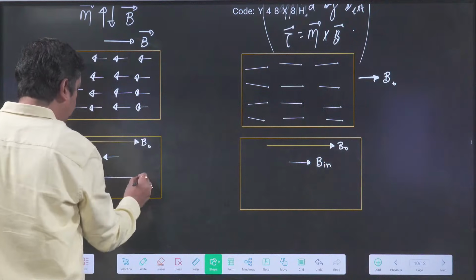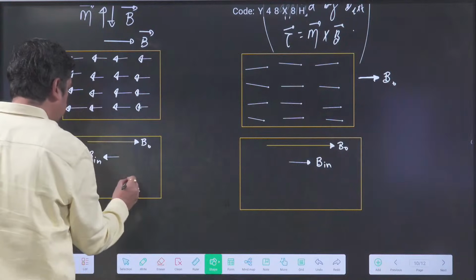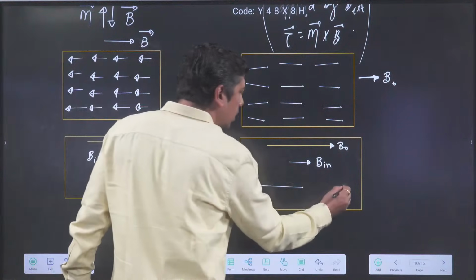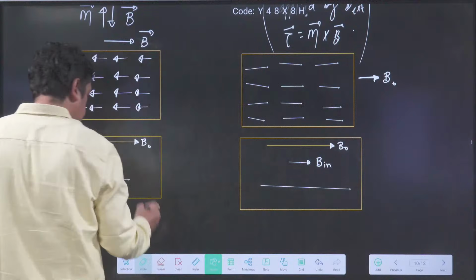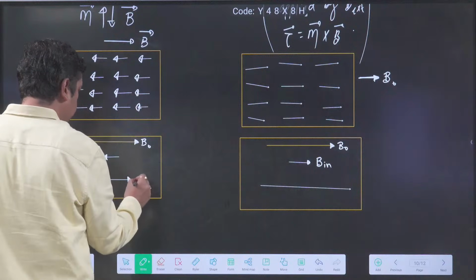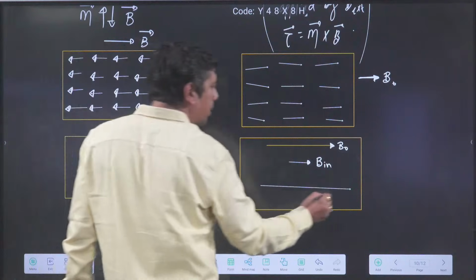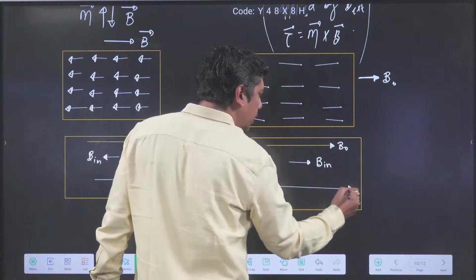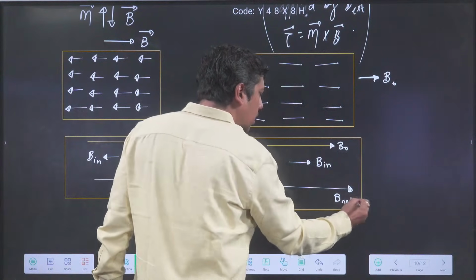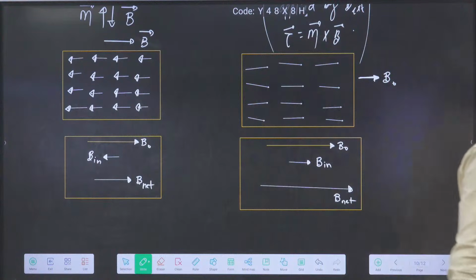So net field reduces in diamagnetic material. Here net field increases.